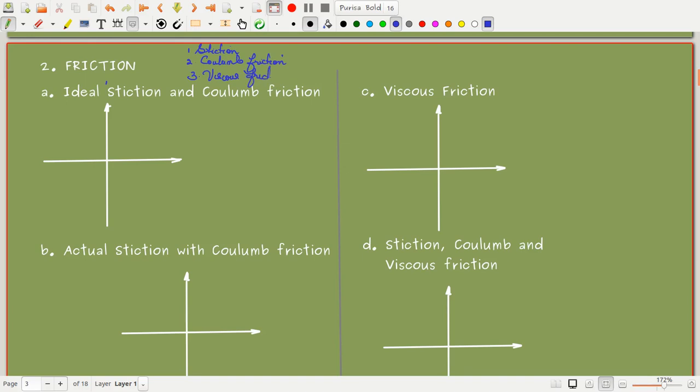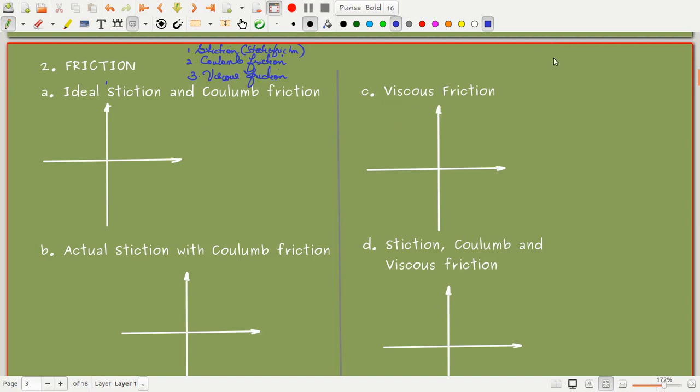Stiction is also called static friction. We'll come to that. First we will see the viscous friction that we had seen in fact in linear systems. So I will start from C and then go to A.